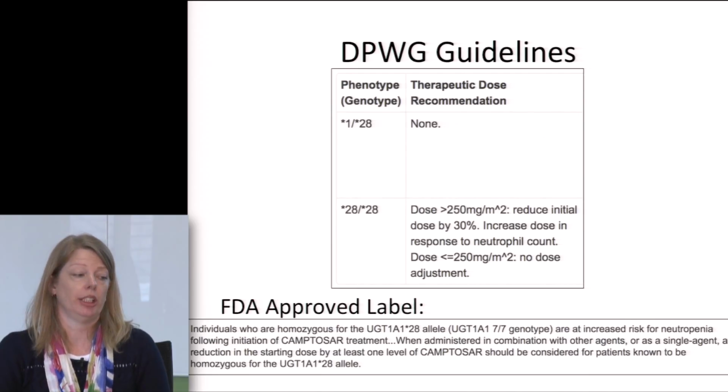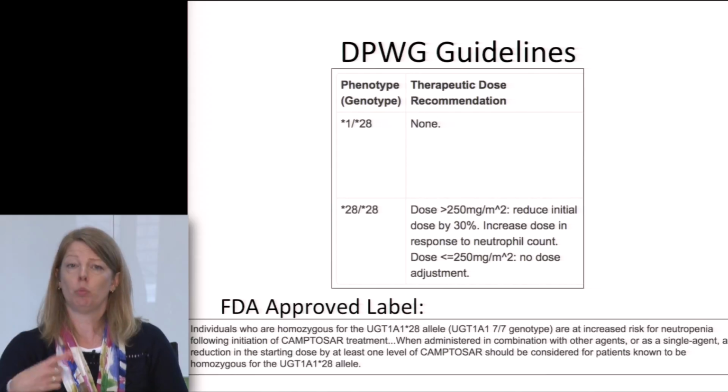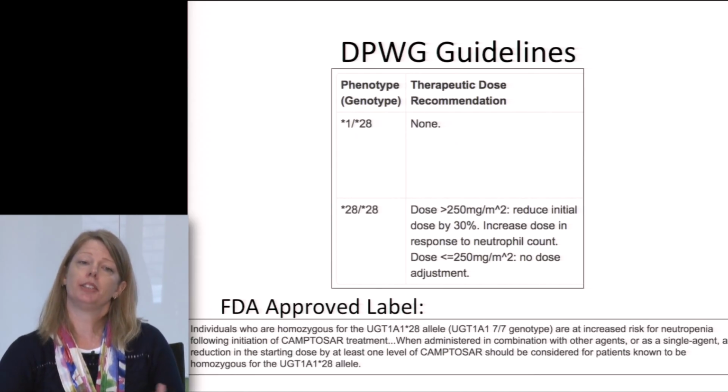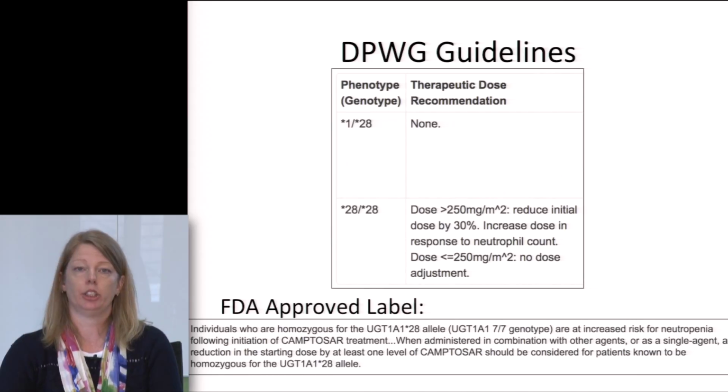The DPWG has written guidelines for this. In this case, if you have just 1 copy of this defective gene, which is responsible for decreased transcription, they don't recommend any kind of change in therapy.